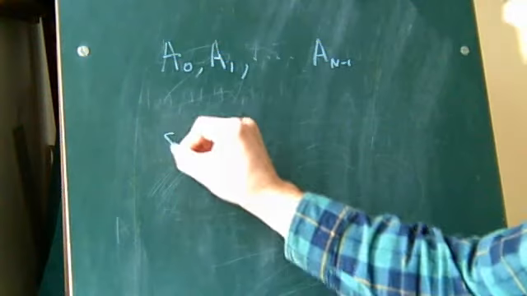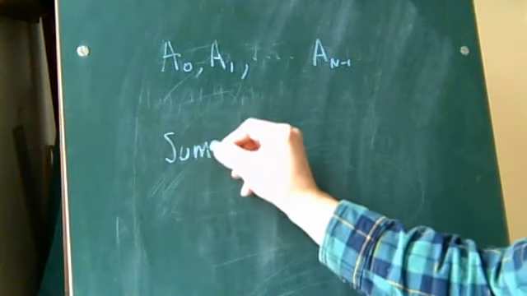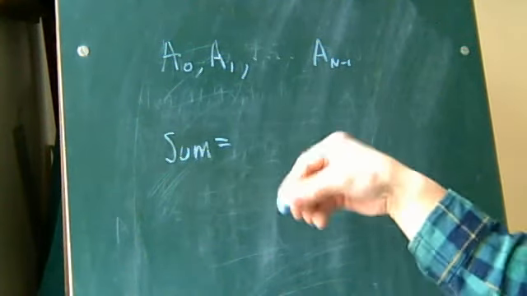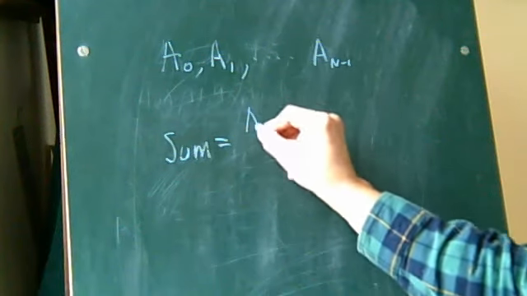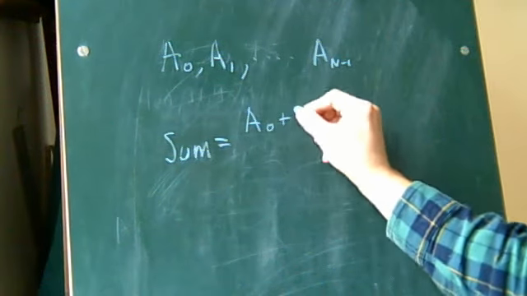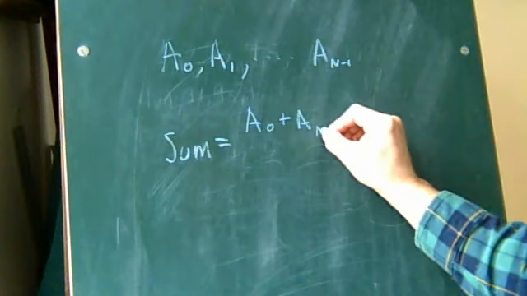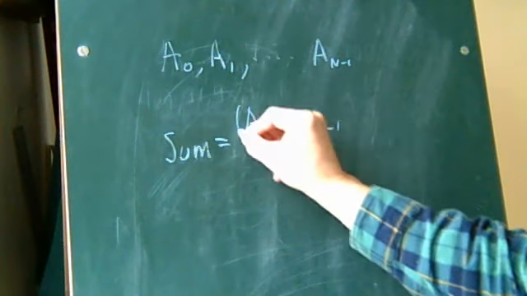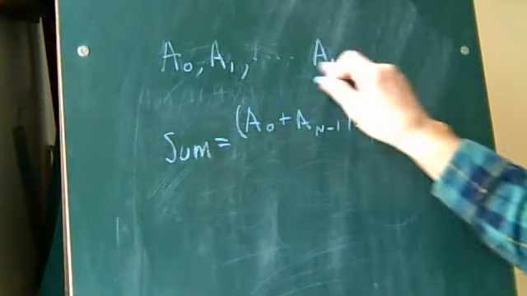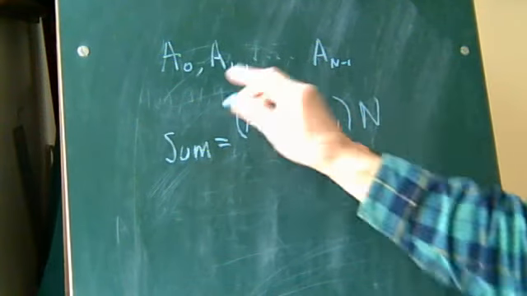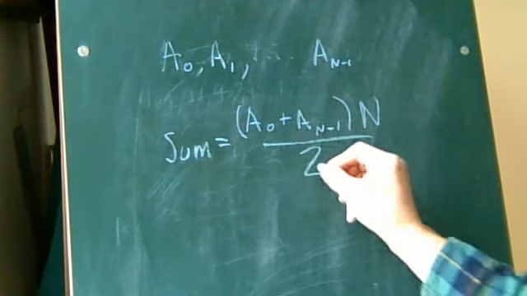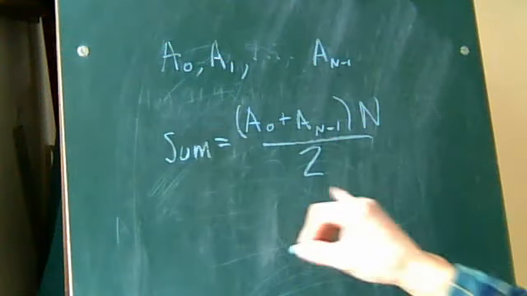If I want to get the summation, according to what we just talked about, I take the first one, I add it to the last one. I multiply by the total number, which is n, and I divide by 2. See, I just put down the formula.